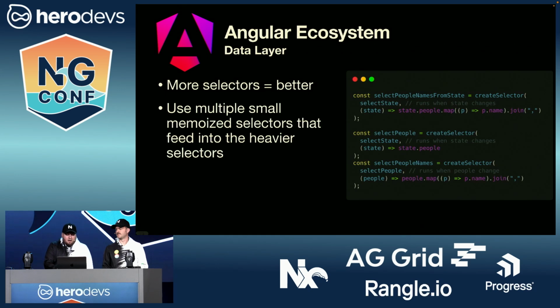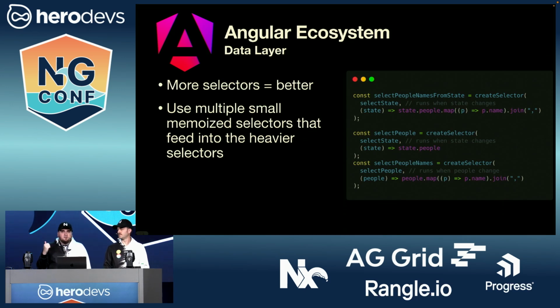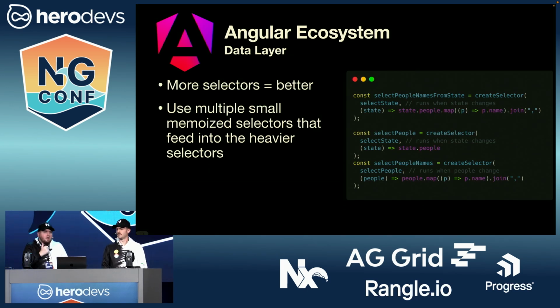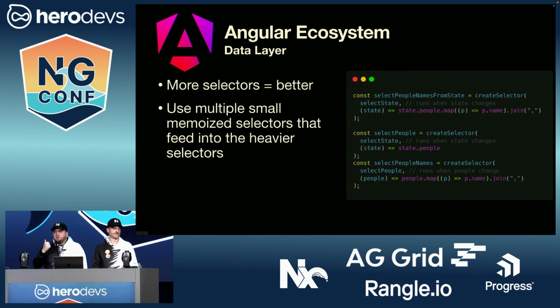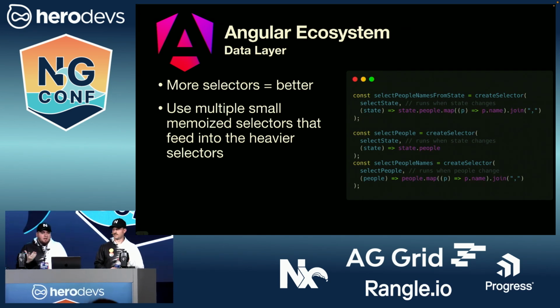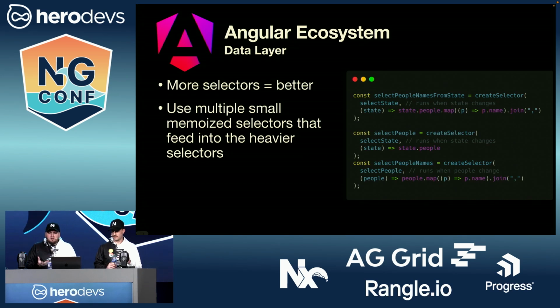We can see in the example here, if we select state, I'm just joining the people by the name. If we use the first selector, every time any state change happens, that selector is going to run, and it's essentially an operation like changing that array, and that's costly, something that you don't need.